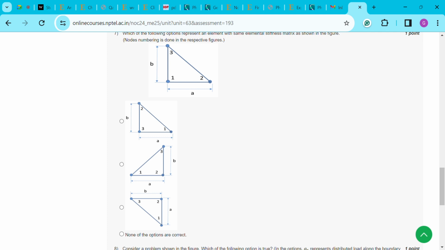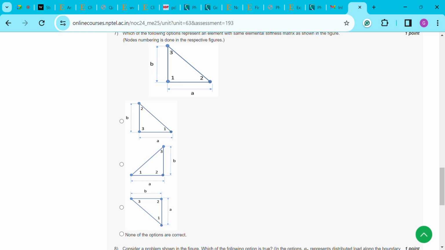One thing is that you told that orientation can be anything. Second thing is the distance between the two nodes should be the same. I am saying that if we make the distance in option B equal to B, then will it become the right option?